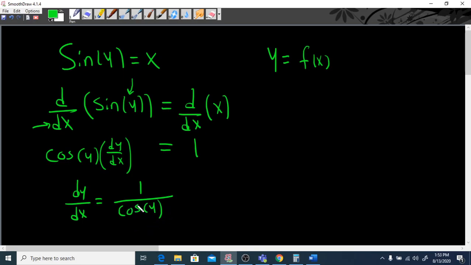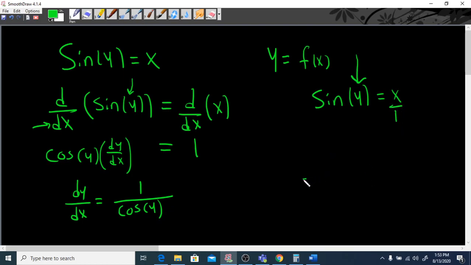Now, here's the thing, this is completely correct. But on the right side, we have the variable y, and if possible, we want to write this in terms of x. And we can do that because we have that sine y equals x. So what that means is there's an angle called y, and the sine of that angle is x, like x over 1.